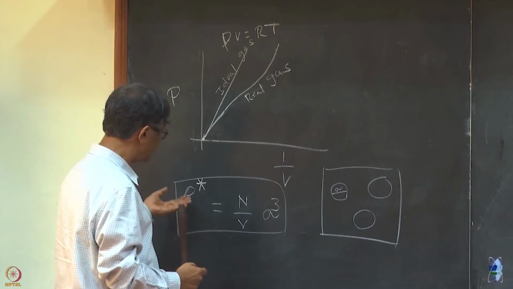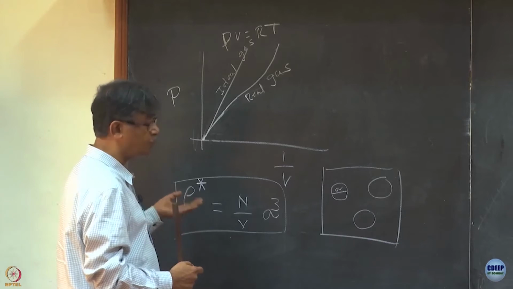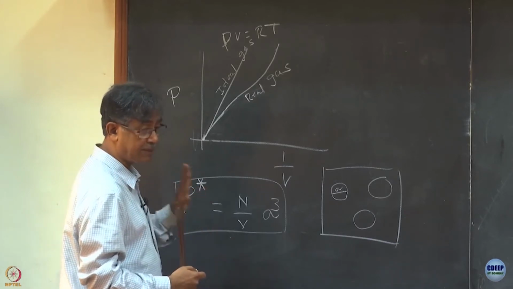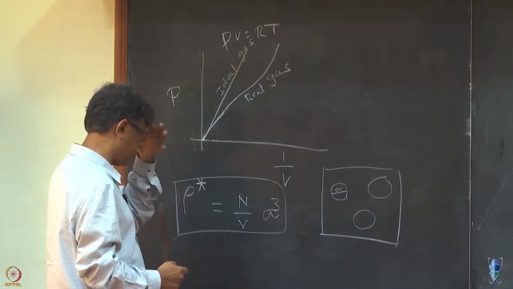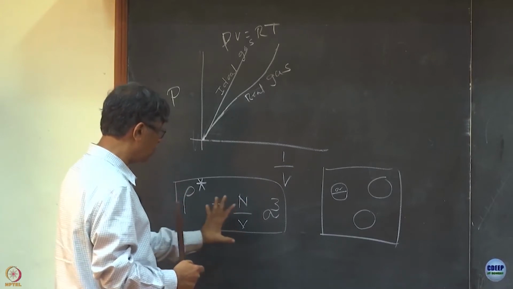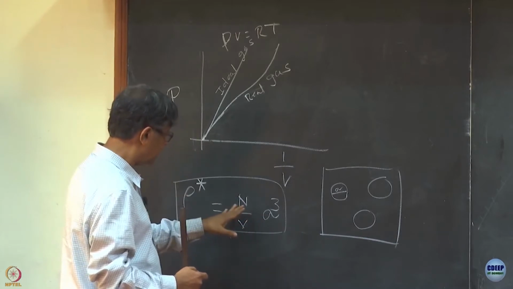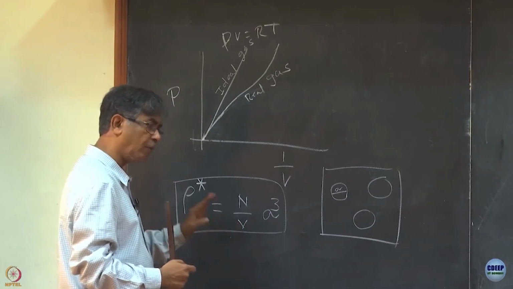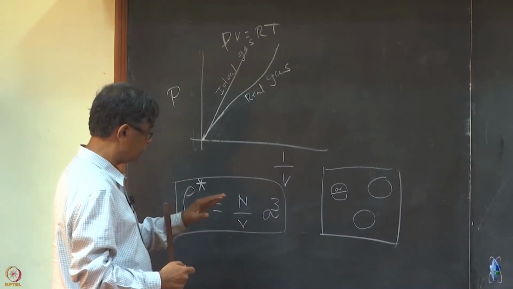Why is it important? Because now I tell you some numbers: water rho star is 0.76, then acetonitrile, as far as I remember, something like 0.85, methanol a little bit more dense, about 0.9. If you look at the number density, it varies quite dramatically from one liquid to another, even of the order of one order of magnitude.